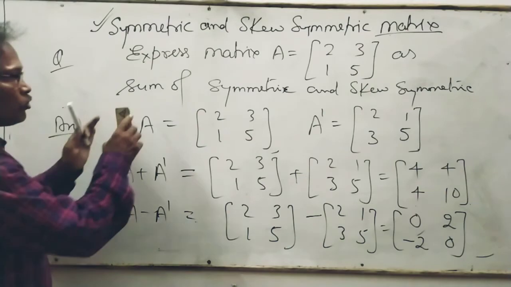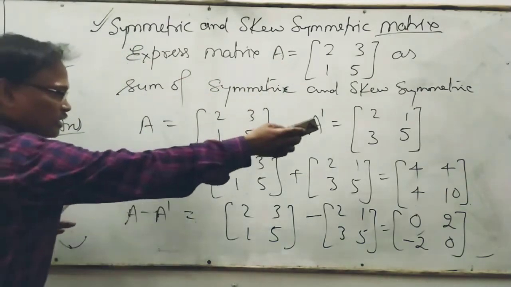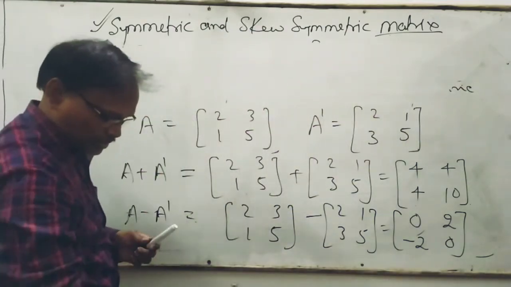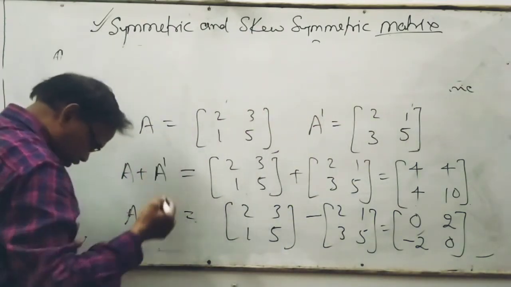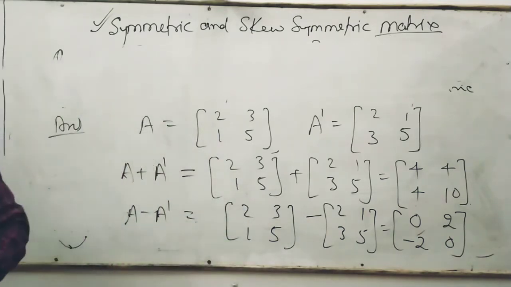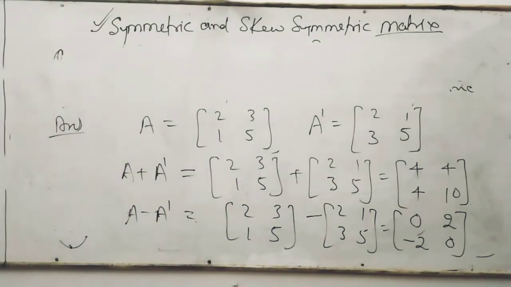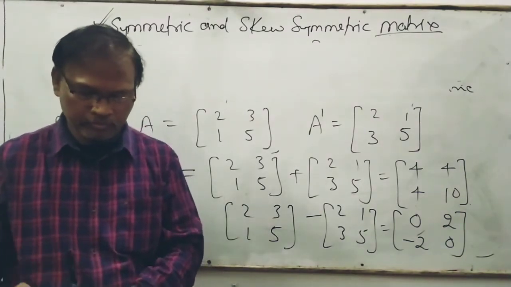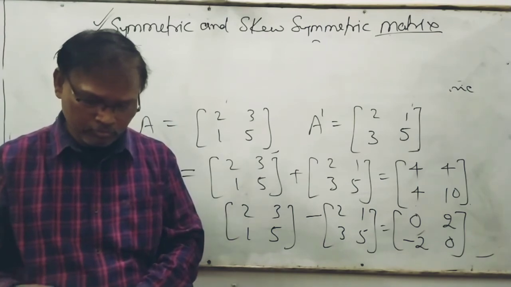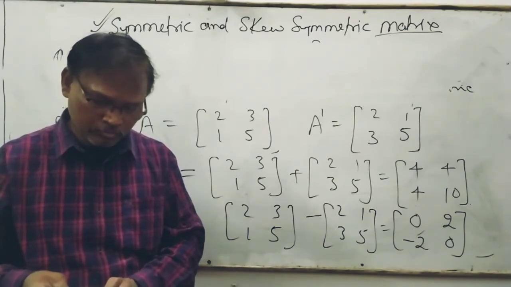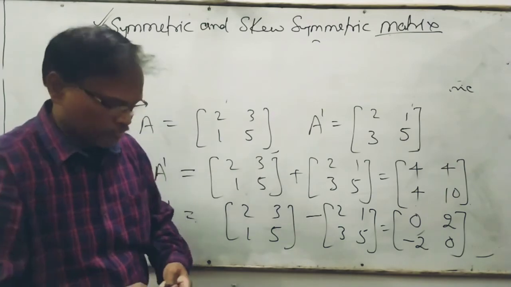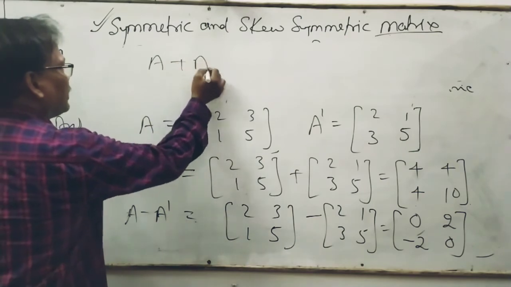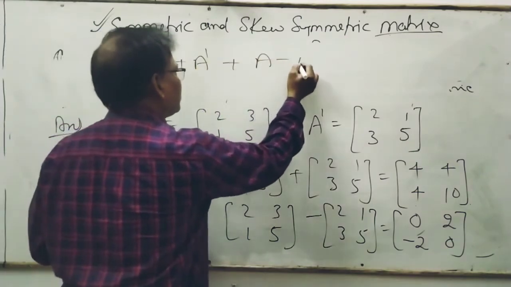And how to express this A as symmetric and skew symmetric? तो अब हम इसको बता रहे हैं कि कैसे एक्सप्रेस किया जाएगा. Can you write this one? A plus A dash plus A minus A dash.